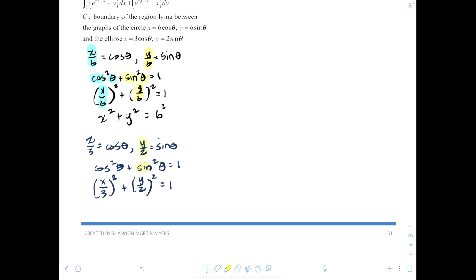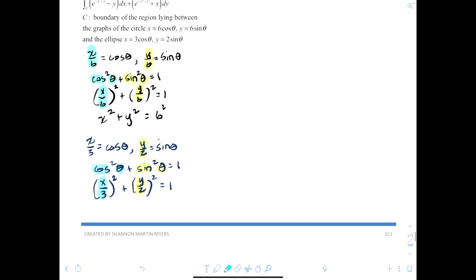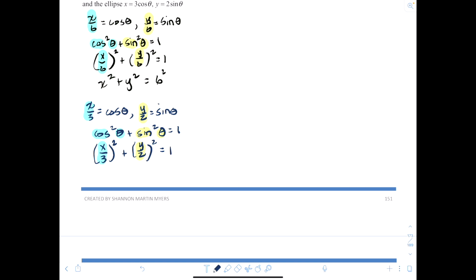So y over 2 is our sine theta. X over 3 was our cosine theta. And so what will happen is we're going to have an ellipse with center 0, 0, a equal to 3, b equal to 2. That makes the major axis horizontal.